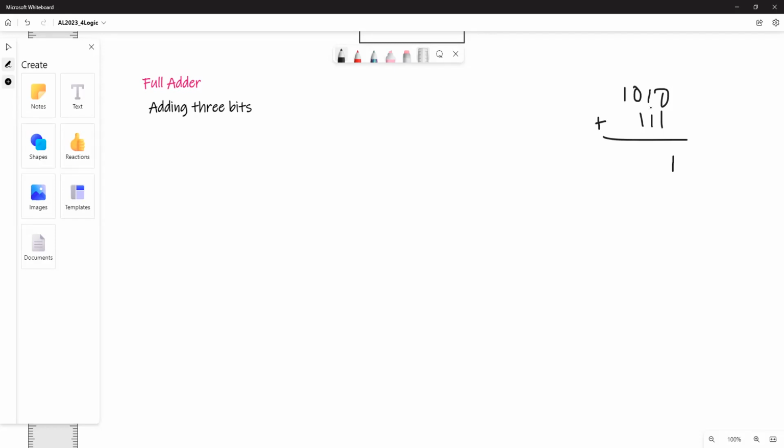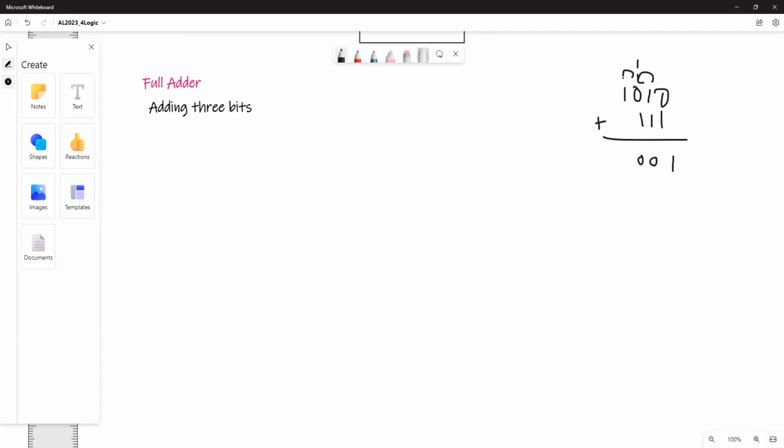Then when you say 1 and 1, what will happen? 1 and 1, we will have 0, and there will be a carry bit. So in this one, you are getting a carry here, 1, 0, 1. So again, this is 0.